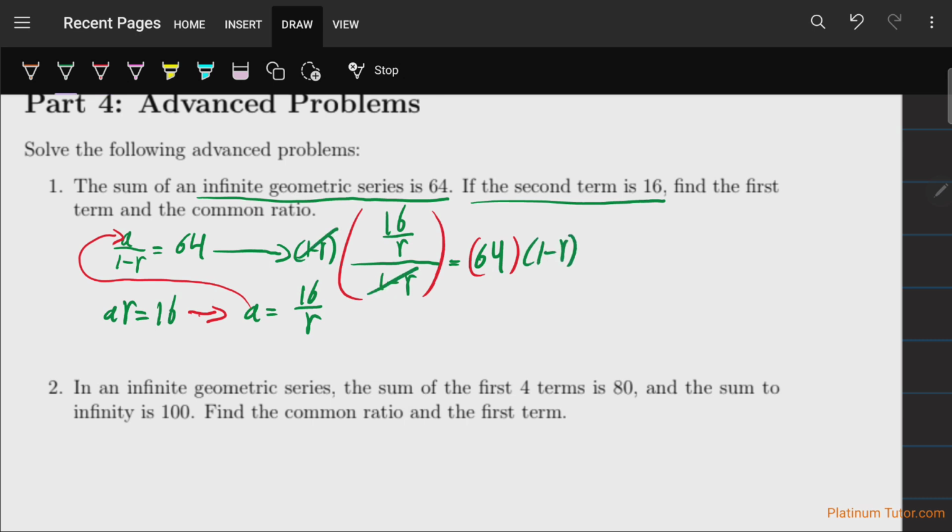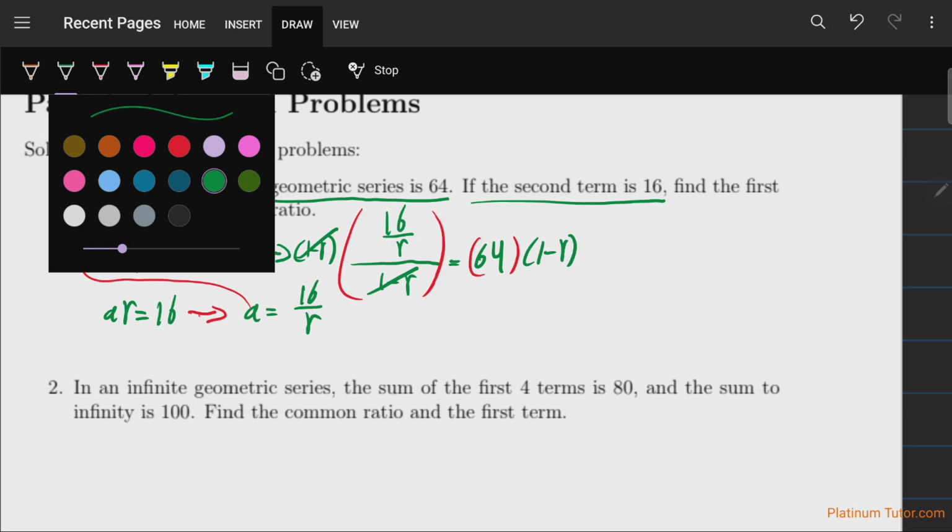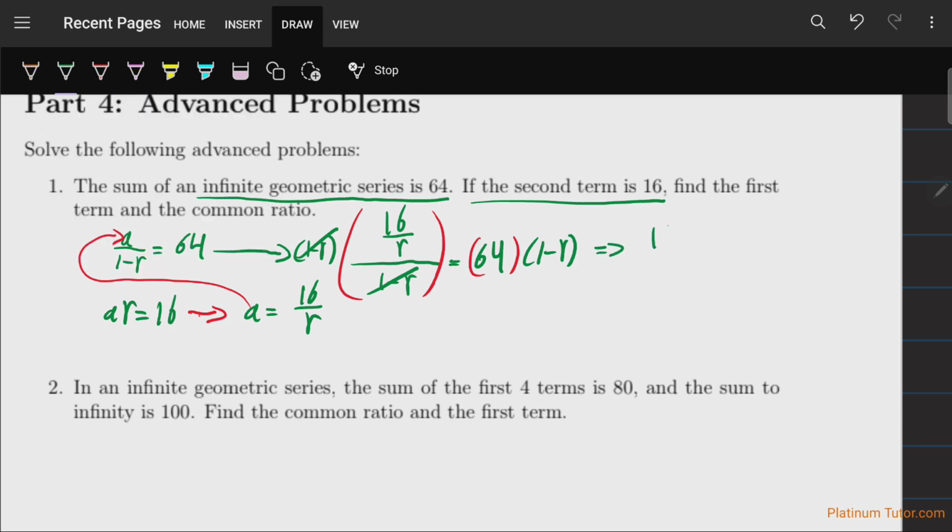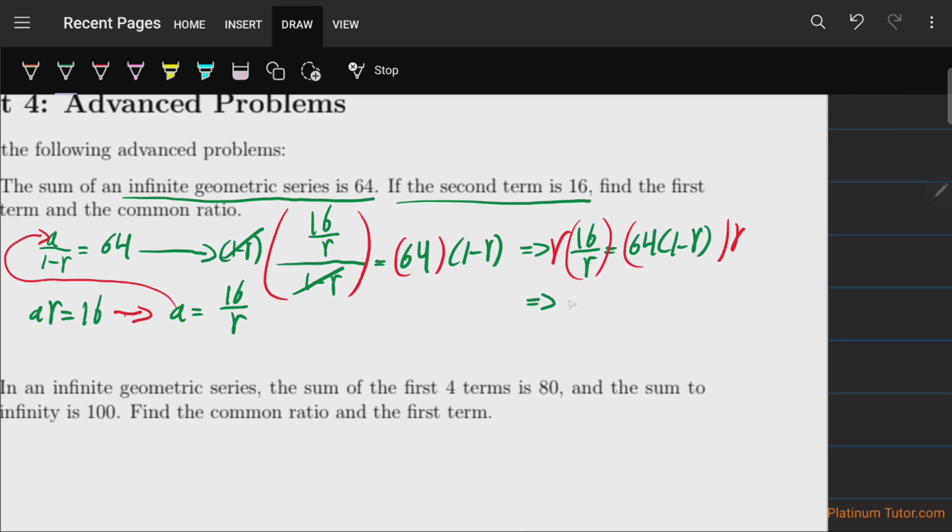Okay, so the 1 minus R here cancels out, and we end up getting 16 over R is equal to 64 times 1 minus R. Okay, I'll multiply both sides by R here. And we will get that the R's cancel, and so we have 16 is equal to 64R times 1 minus R, like that.